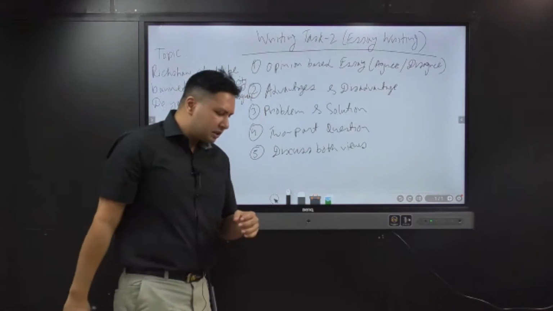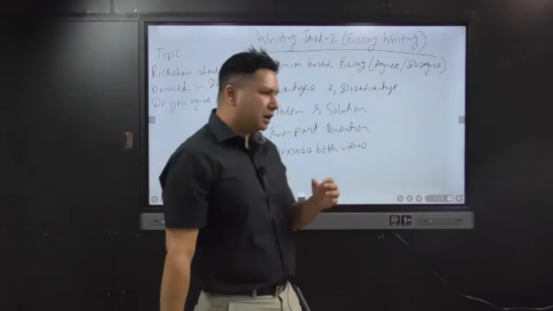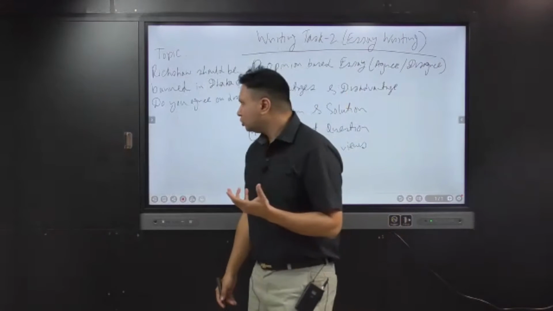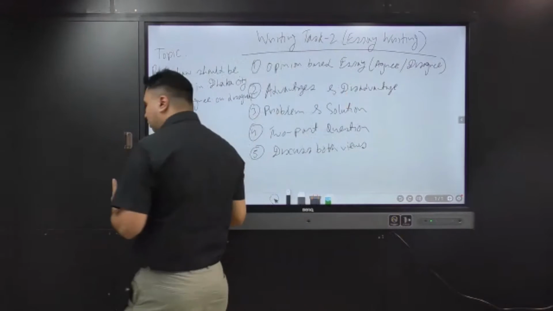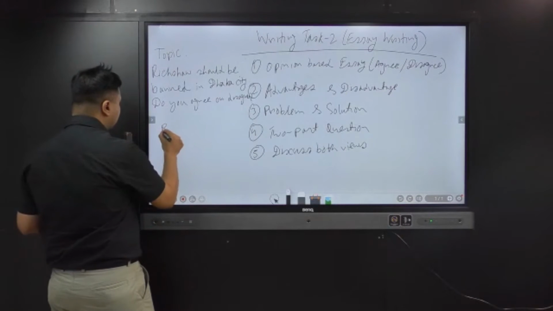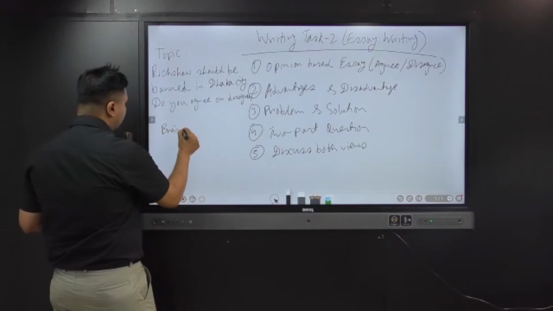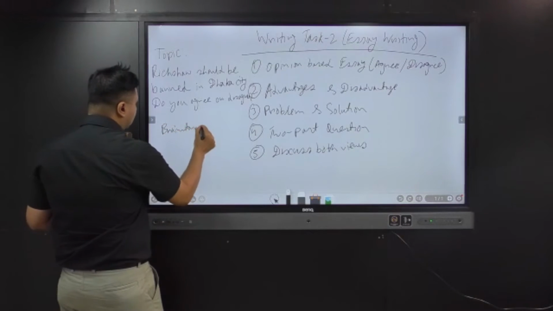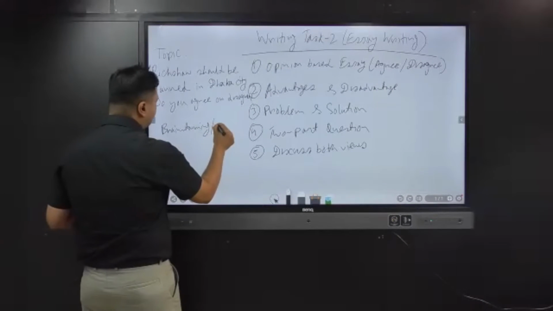So if you get this kind of uncommon or unfamiliar topic, how are you going to proceed? You should do some brainstorming work before proceeding. That's what is called brainstorming or outlining.